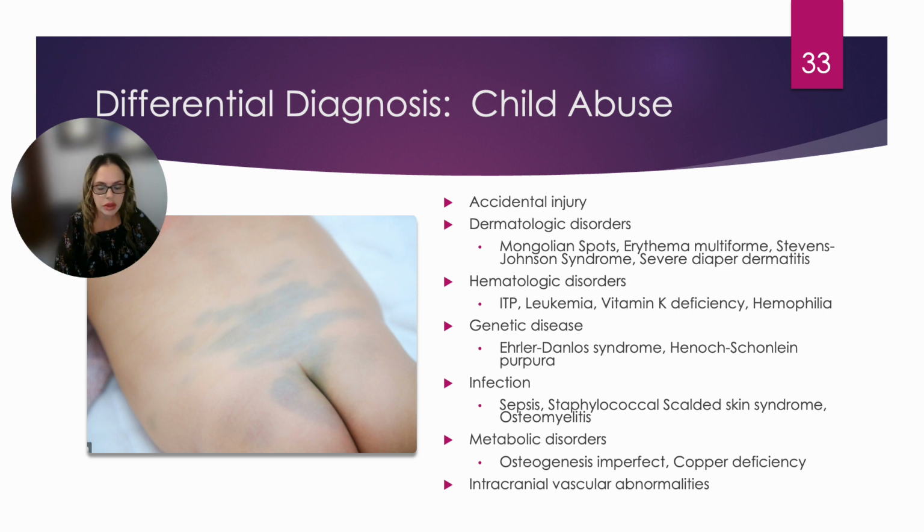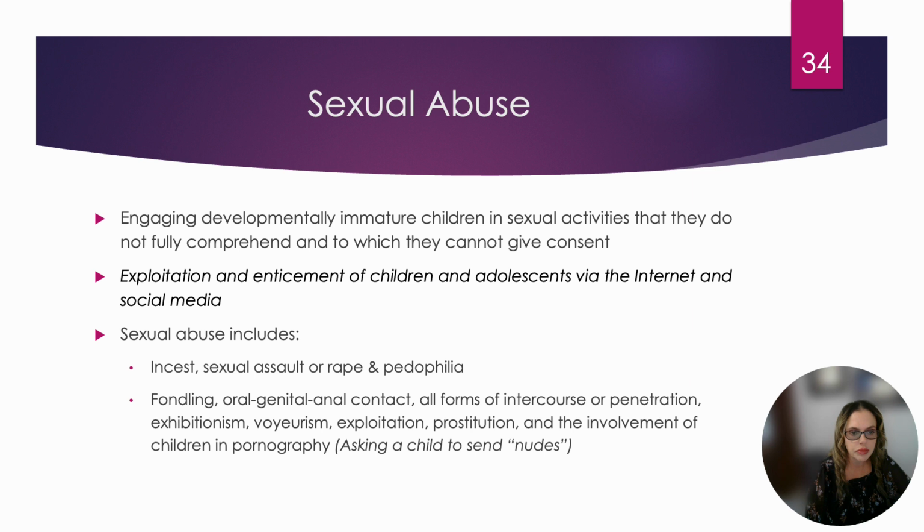There could be hematologic disorders or genetic disorders like Ehlers-Danlos, infections such as, again, staph causing scalded skin syndrome, or they may have multiple fractures because of osteogenesis imperfecta. Those things need to be ruled out if you're concerned about child abuse in these types of scenarios.